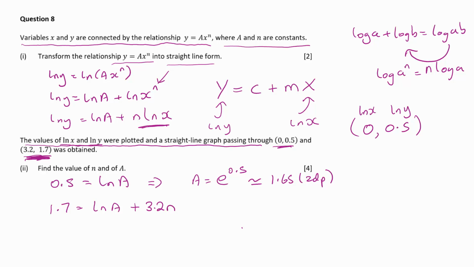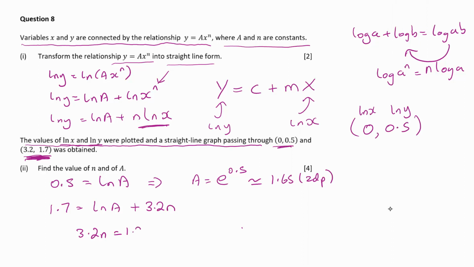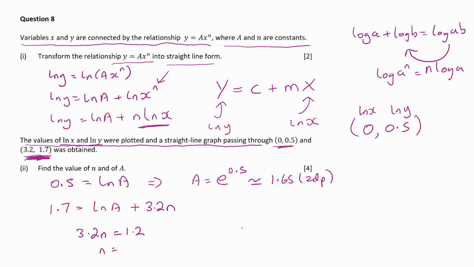And then over here we've got 3.2n is going to be 1.7 take away 0.5 because ln a is 0.5, and so n is going to be 1.2 divided by 3.2, which is 0.375.